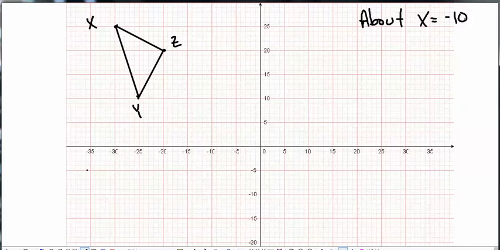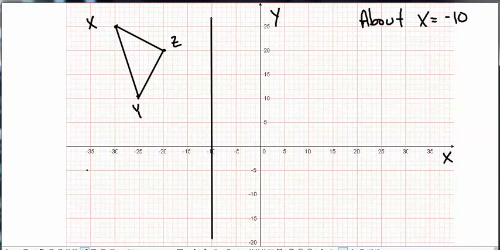Now, x equals -10, what kind of line is that? A vertical line through -10 on the x-axis, isn't it? Okay? It's a vertical line through -10 on the x-axis, so it sits right here. So you've got to flip it over that.